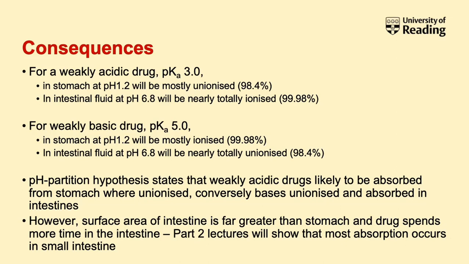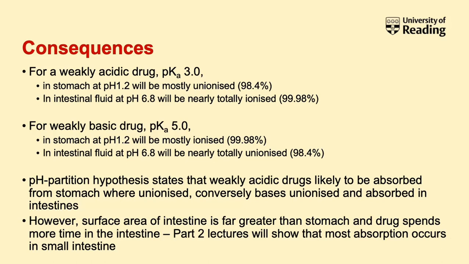Now, the pH partition hypothesis doesn't take into account the surface area of the intestine, which is significantly greater than the surface area of the stomach, and also the fact that drug spends a lot more time in the intestine.